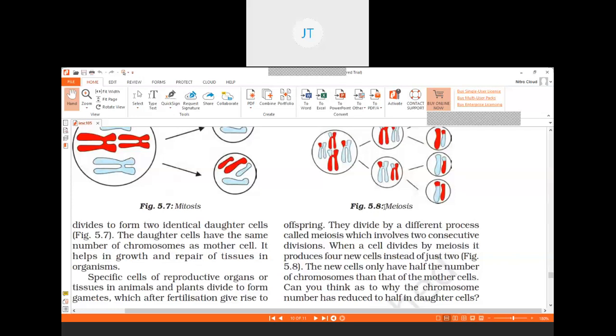But here they just give you some introduction about cell division. They give you two types of cell division and what major difference there is between them. So don't worry about how it is happening and what is going on during gamete formation and in mitosis. Don't worry about that. Just remember these two types of cell division and the major difference between them.